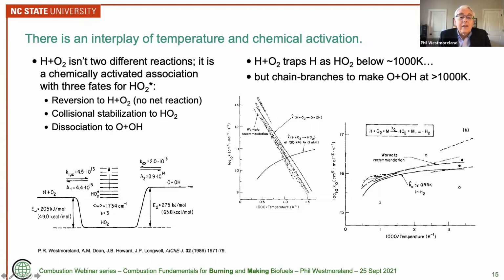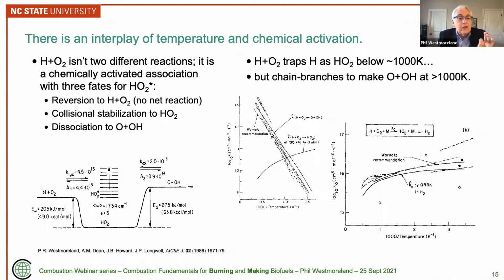You can see at high temperatures from Varnak's classic analysis, looking at the data that he had at that time in 84, but you can see the scatter of data here. That's all the chain branching. Below 1,000 kelvins you're getting HO2, in effect chain terminating because HO2 is so much less reactive than the H atom is.